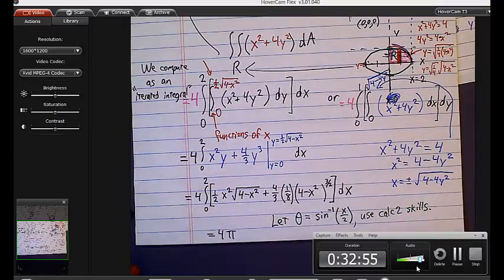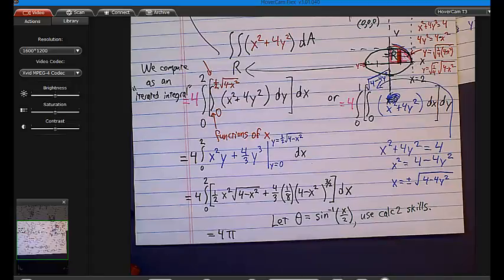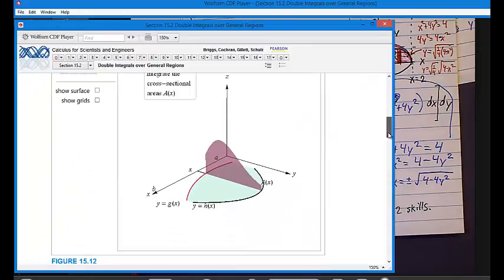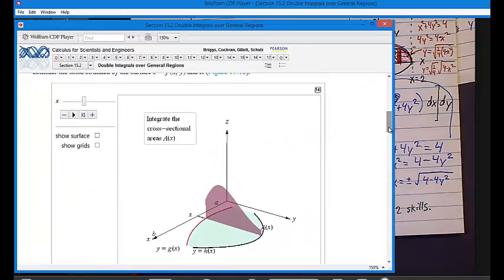Questions so far on the first example? If we go back to the book, I liked this one. Again, you could show the surface or not. The surface is getting higher and higher. If you think about this, here's a function h of x and here's a function g of x.